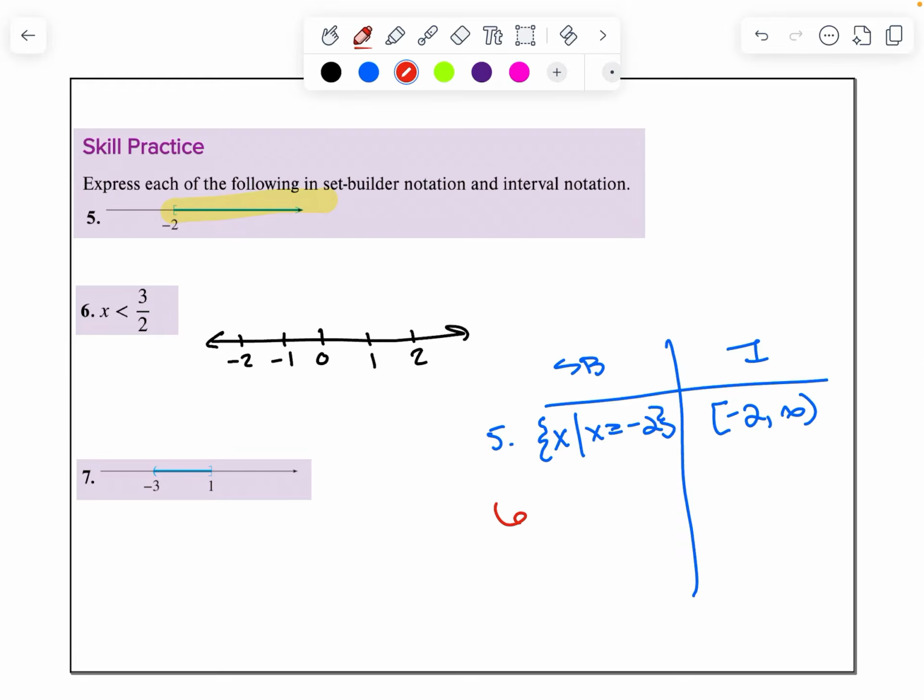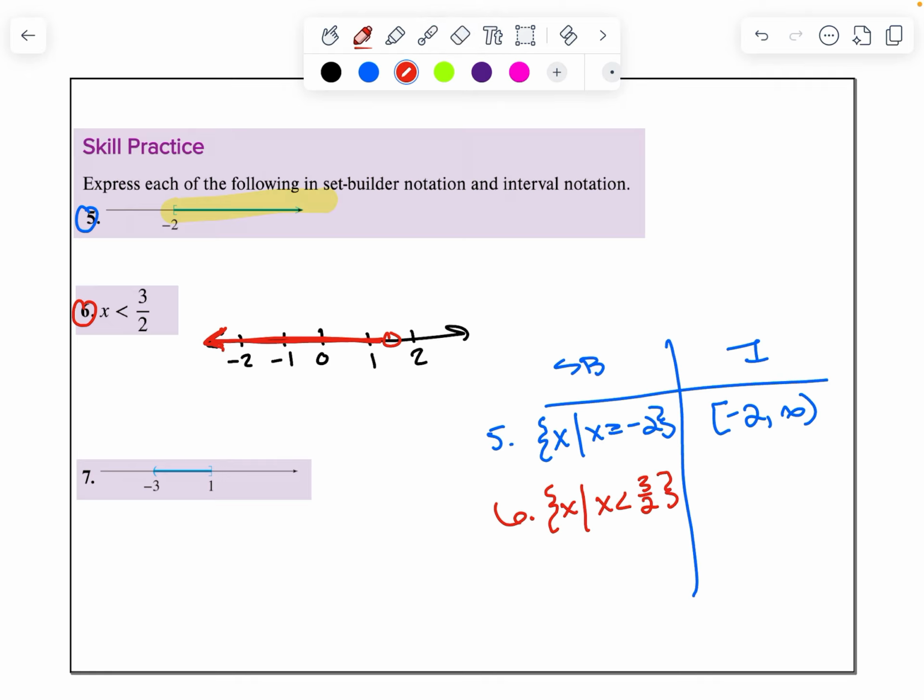On question 6, let's do the same thing. On question 6, x is less than 3 over 2. Remember, if you can graph it, you should absolutely do that. 3 over 2 is somewhere in here. It's between 1 and 2. If I type it in my calculator, it's 1.5. And x is less than, that means we're shading this way. So my set builder notation is the set of x such that x is less than 3 over 2.